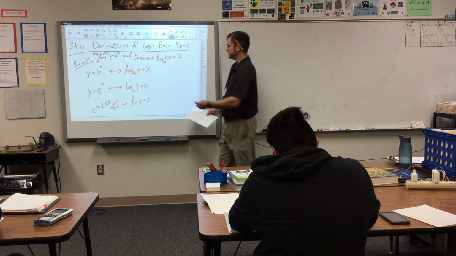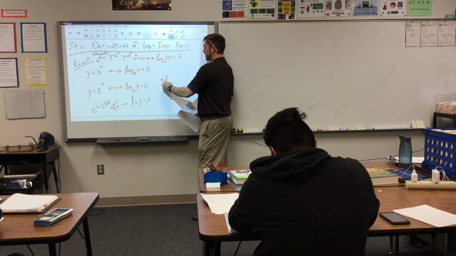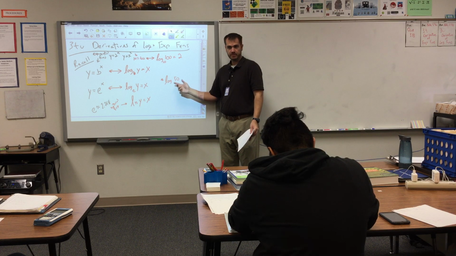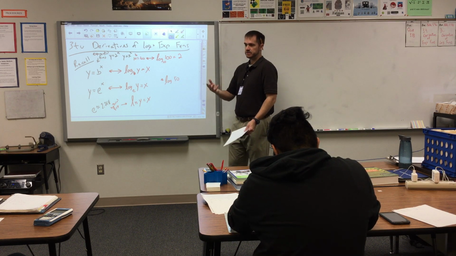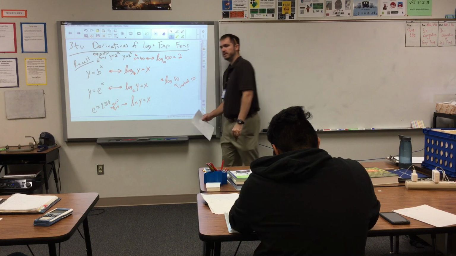Might as well tell you this just as a little side note. Sometimes you'll see something written like log of 50, but there's actually no subscript there. On calculators and textbooks, this is usually understood that there is an implied 10.